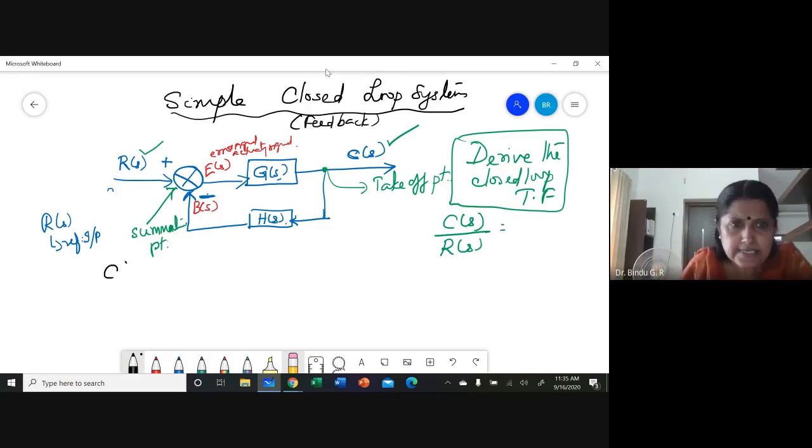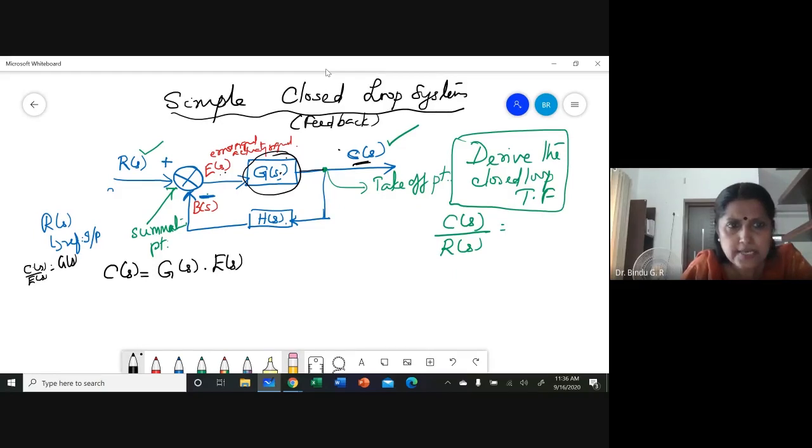What is C(s)? C(s) is equal to G(s) into E(s). Is that clear? Because for this block alone, what is the output of this block? C(s). What is the input of this block? E(s). So C(s) by E(s) would be G(s), isn't it?